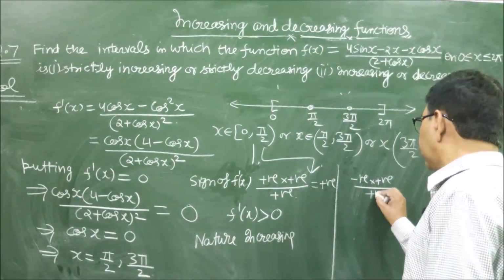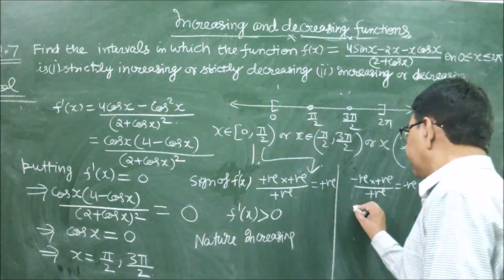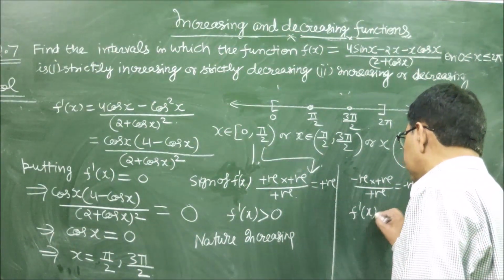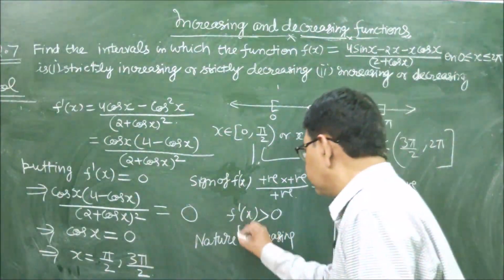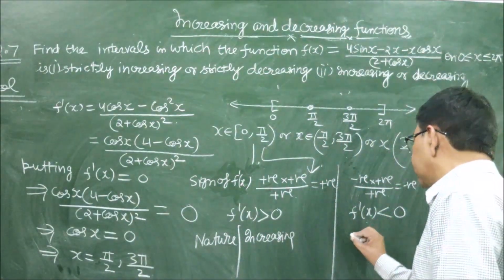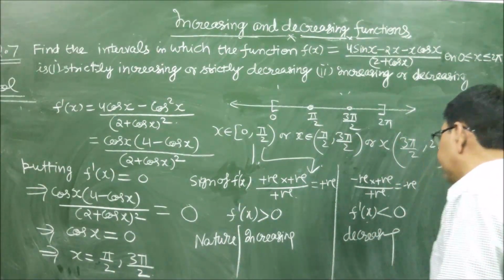So overall the sign is negative, and the value of f dash x is less than 0, and the nature of the function in this case is decreasing, strictly decreasing.